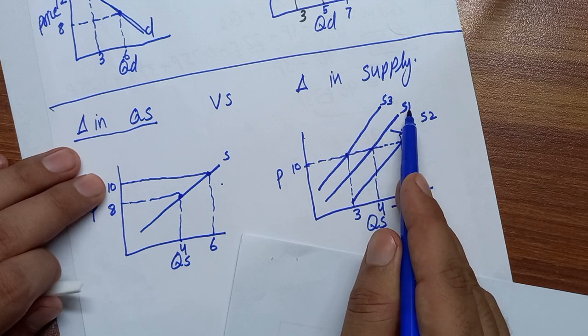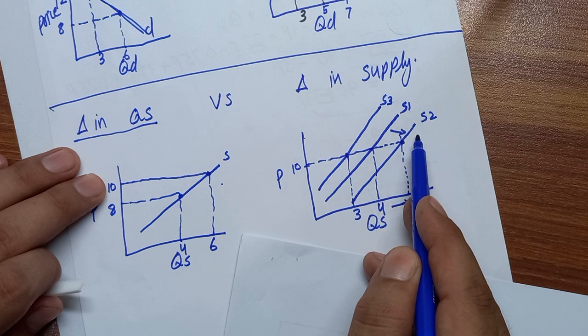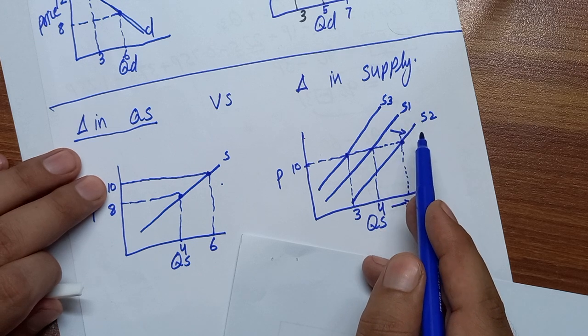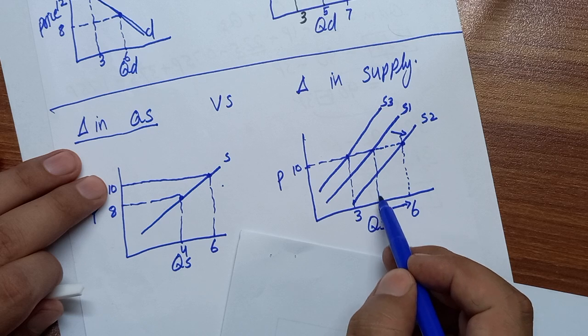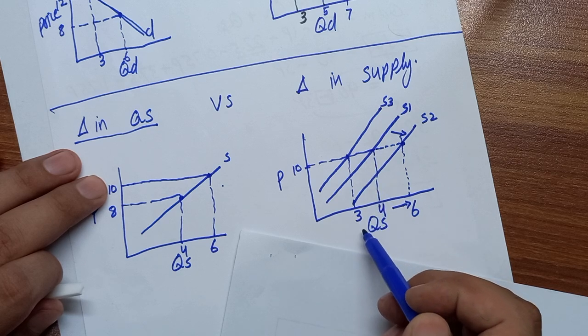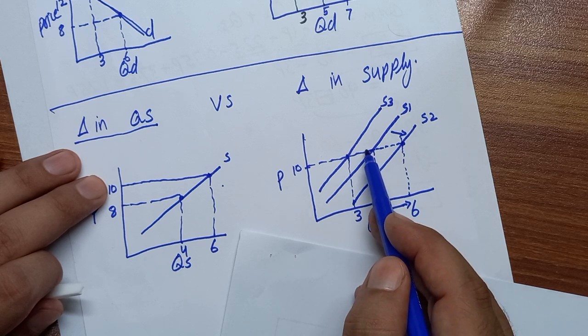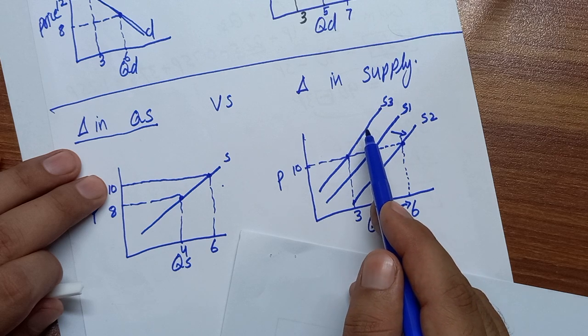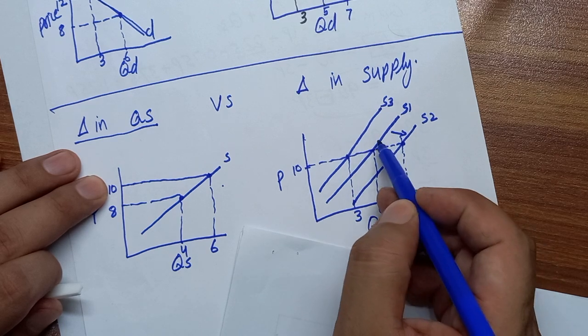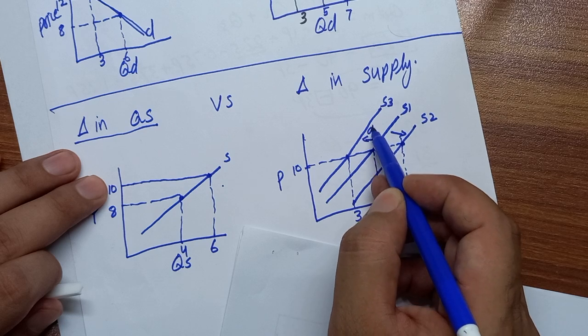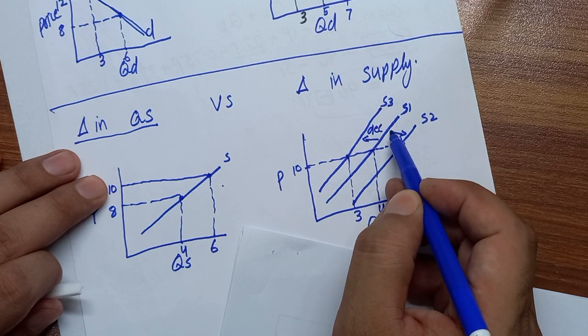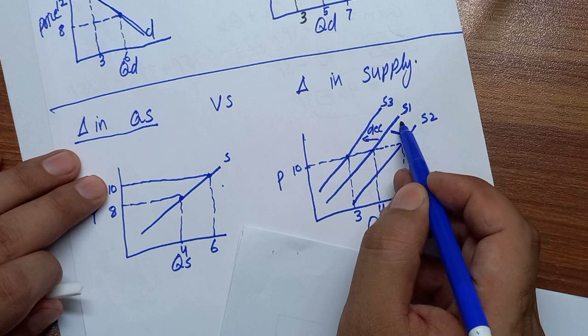So S1 shows the original line, S2 shows the new line. When we decrease the quantity of supply, we will draw above the original line. So this is decrease, and below the original line it is increase.